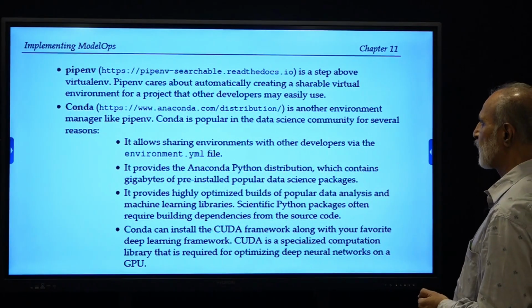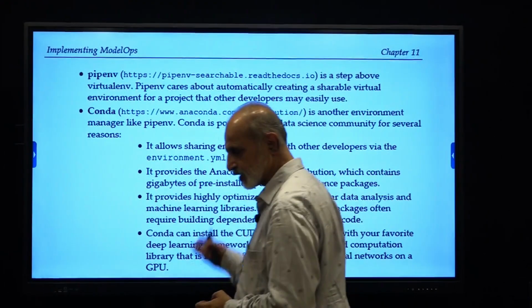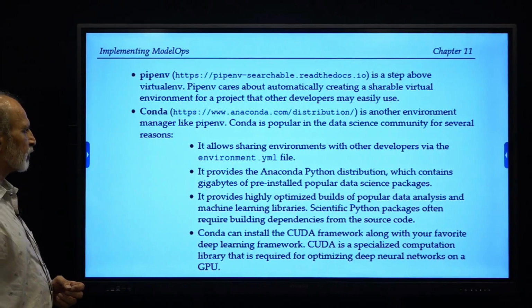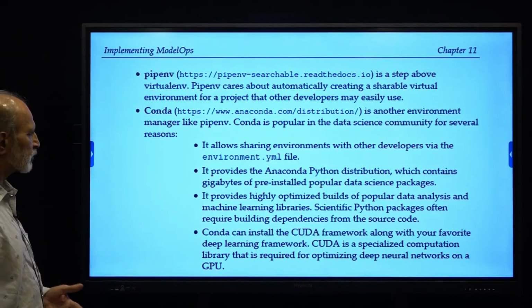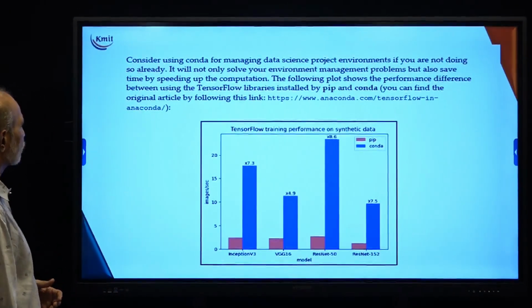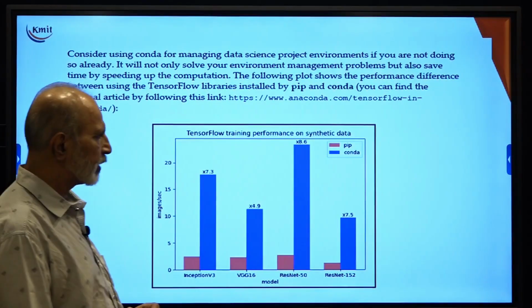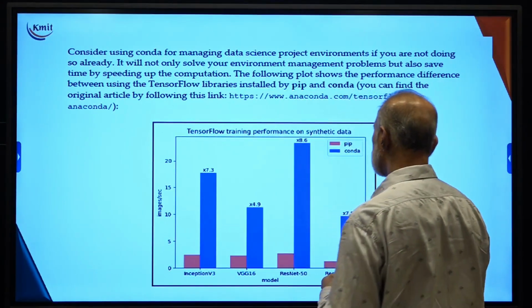Okay, then we have Anaconda. Anaconda is a very well known distribution available, and we can use Anaconda for sharing a lot of things. I hope all of us know about Anaconda. We can use the conda or pip command to install software or libraries, anything we want to have, even TensorFlow.